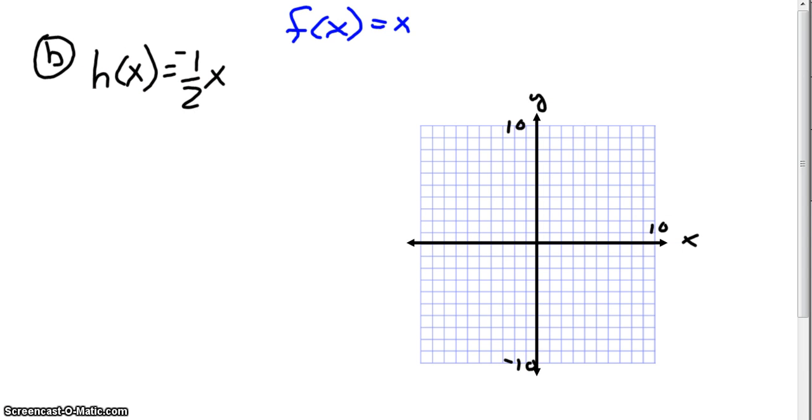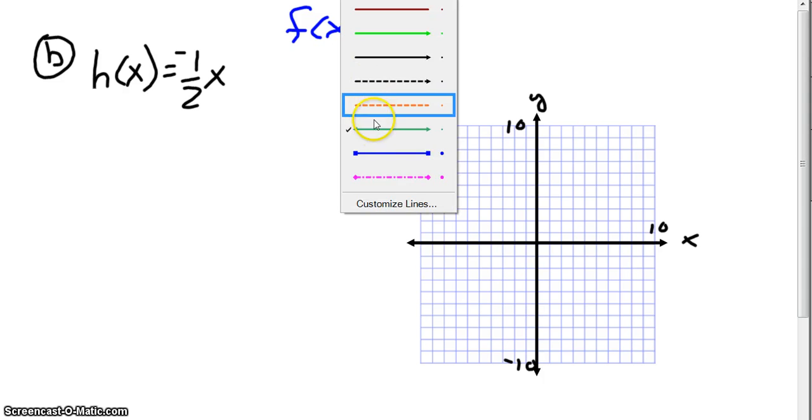Okay, so example B, let's compare the function h of x equals negative 1/2 x to the parent function. So you may need to pause the video, but we're going to go ahead and draw in the parent function. I'm going to make sure I have a blue line.